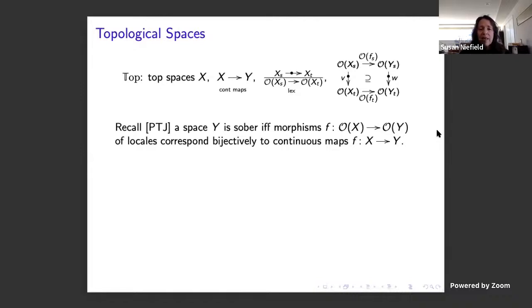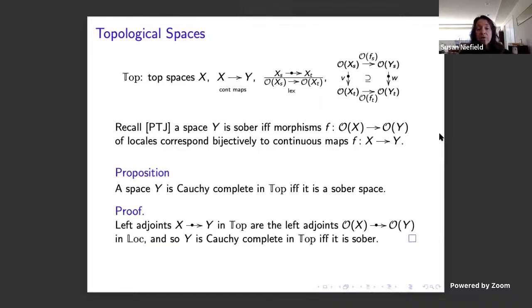But a space Y is called sober if and only if every morphism of locales from O of X into O of Y corresponds with precisely one continuous map F from X to Y. And there are a lot of ways to see this, but you can look at Johnstone's Stone Spaces for that.